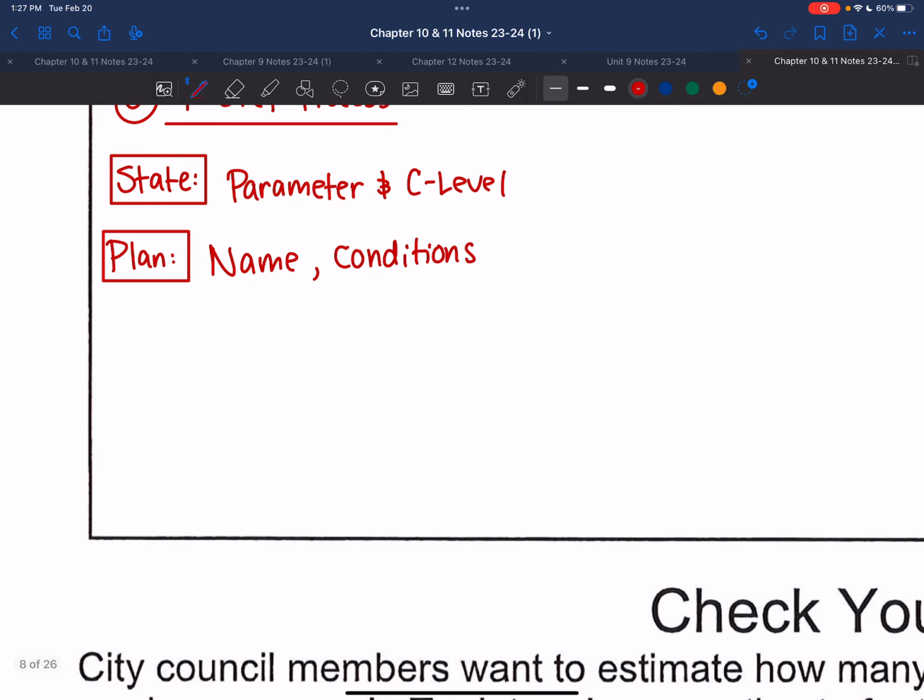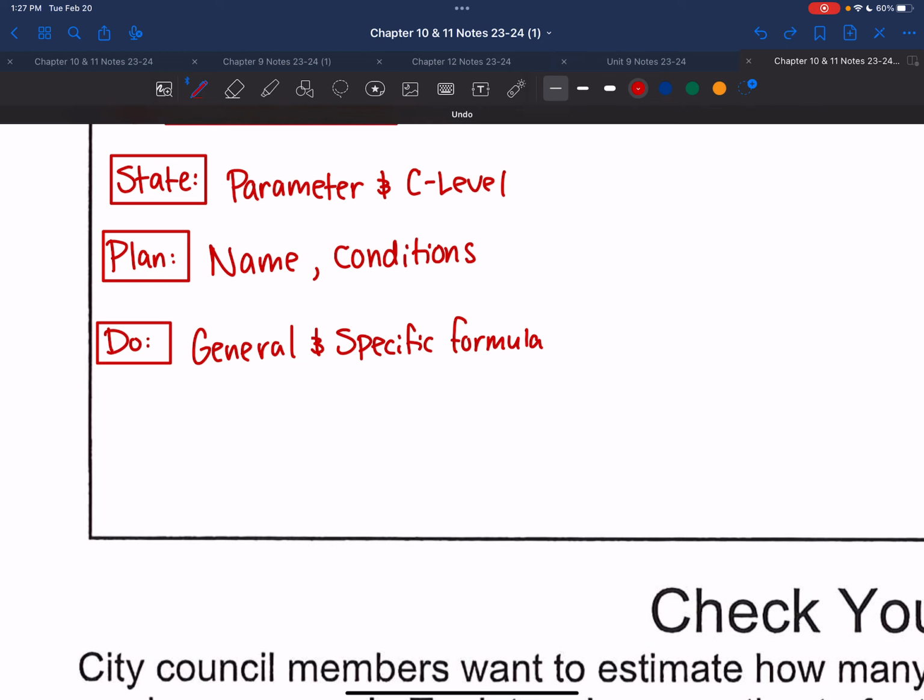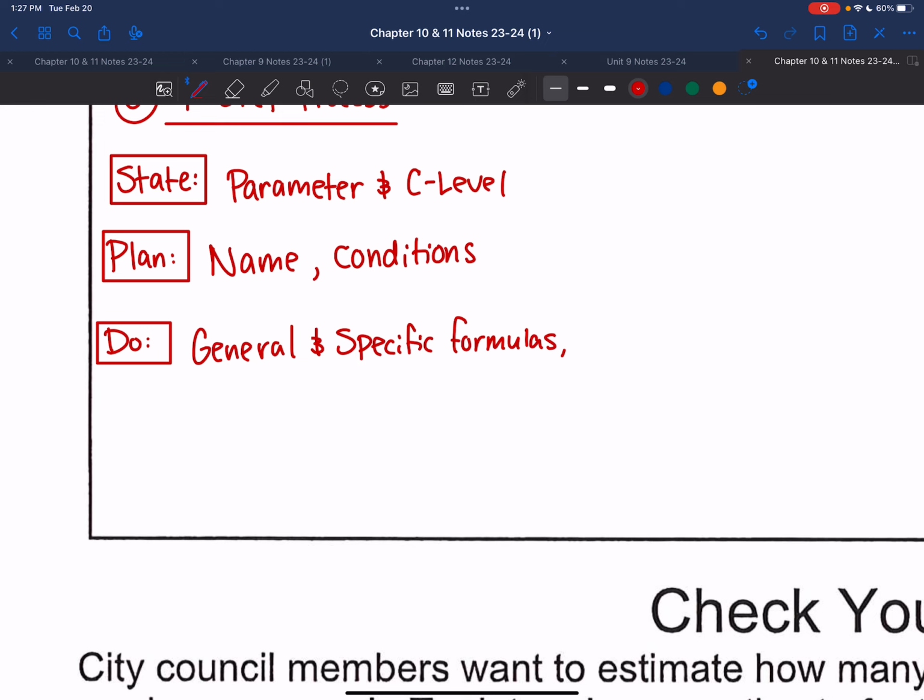In the do section, you need to tell me general and specific formulas. You need to show me your work. You need to show me what t star is and your degrees of freedom.